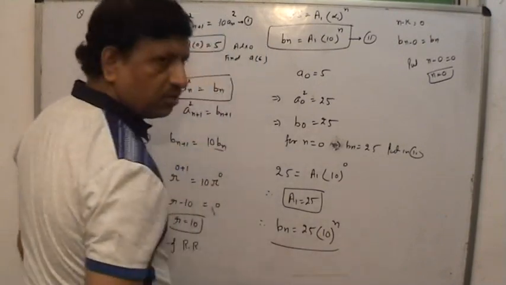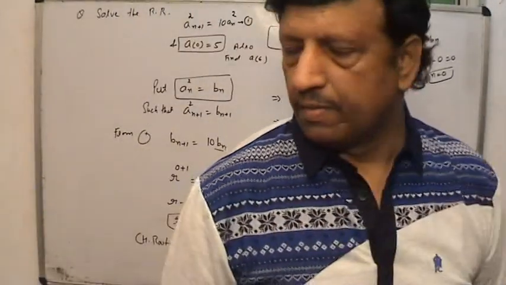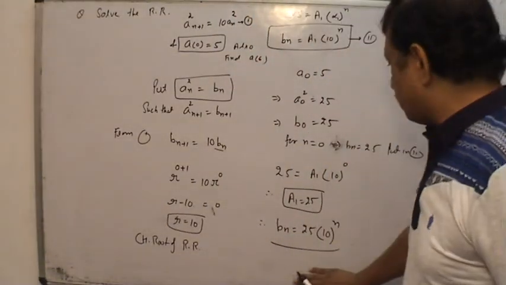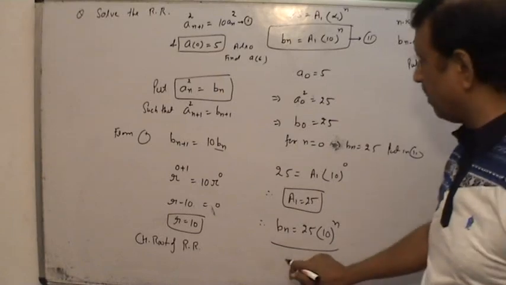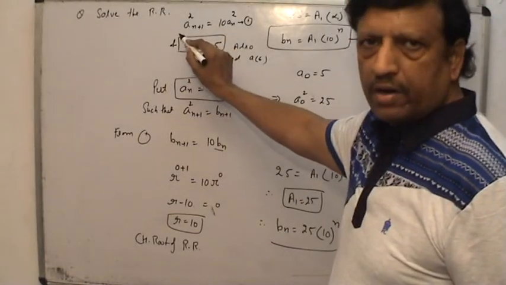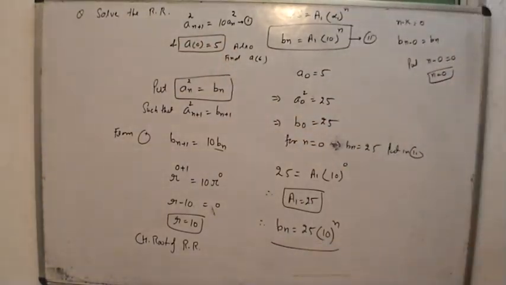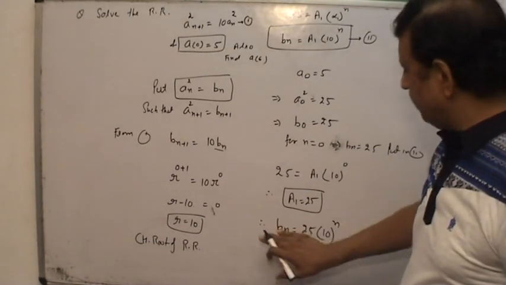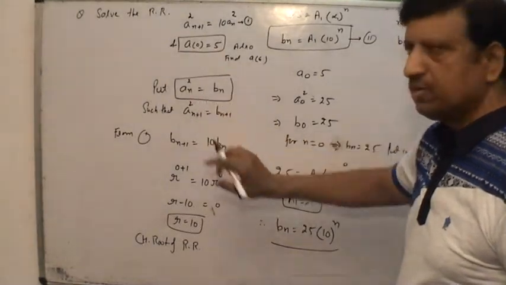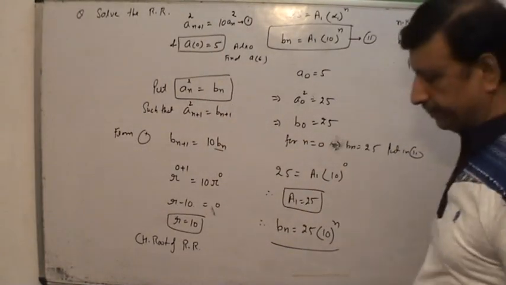It is the general solution of the recurrence relation, but it is not the final solution, because the given recurrence relation was in quadratic form. Now it is in linear form. We can resubstitute the values of bn. So bn is equal to a square n.